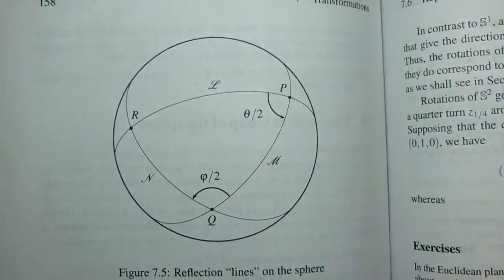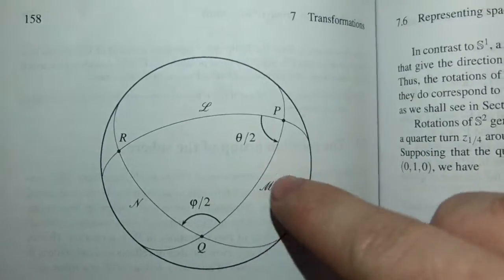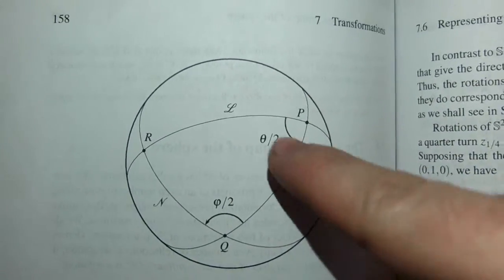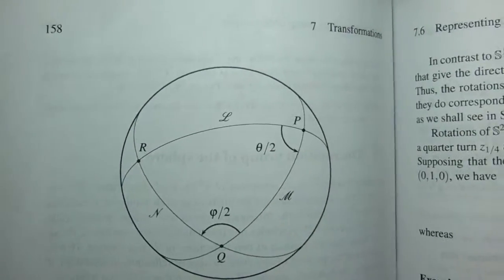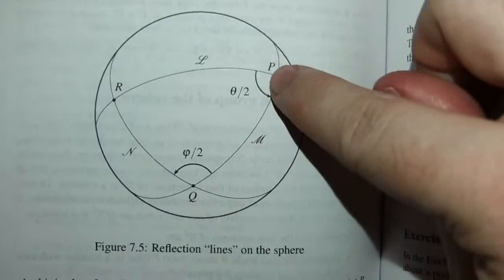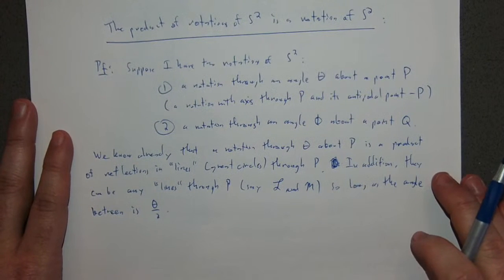So why don't we pick a situation where M is a great circle connecting P and Q? Since we can pick it to be anything, we don't really care. That's where this is headed.